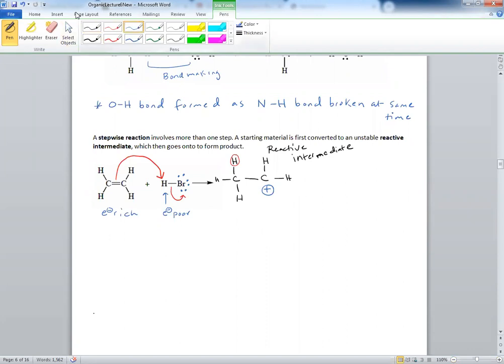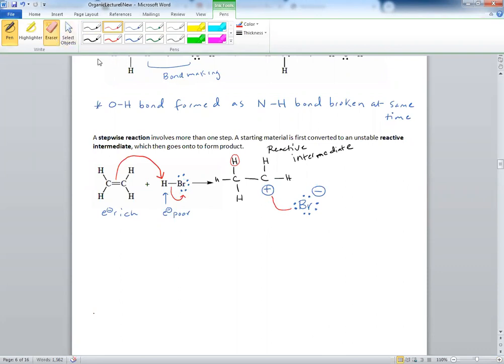What happens now is you have bromine with this lone pair that went on it, and it has a negative charge. Going back to what happened again.